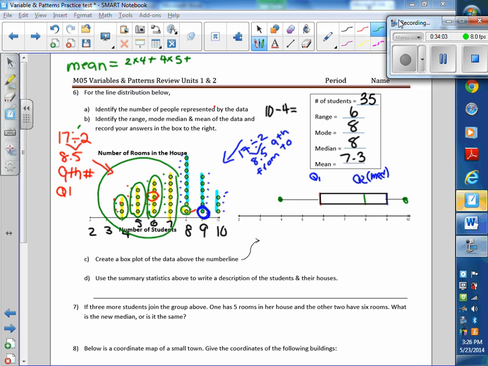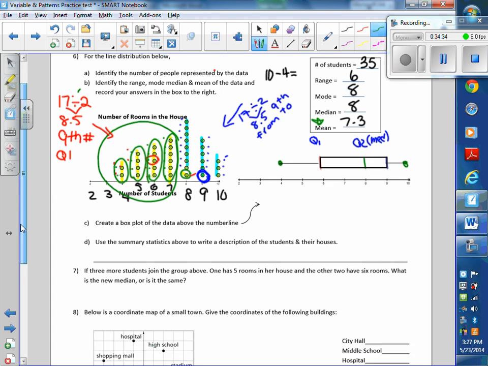There's 5 times 6, and then 6 times 7, and then 8 times 9, and then 9 times 6, and then 10 times 3, and you'd add all of that and divide by 35 because that's how many dots there are. When you do that, you get this.